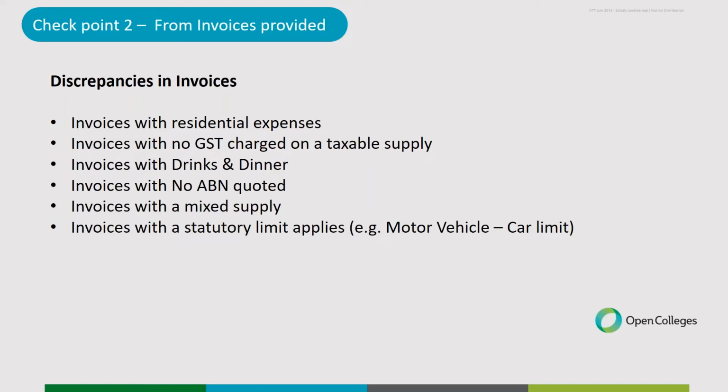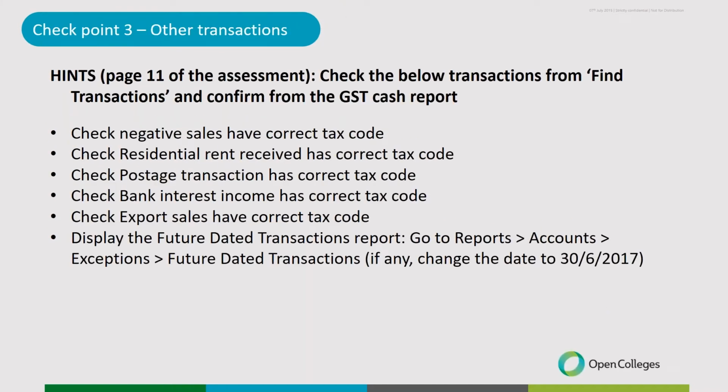So let me quickly go through checkpoints 3 and 4, and I will show you how these are done in MYOB. For checkpoint 3, in the assessment they have also given you hints, on page 11 of your assessment: check the negative sales tax code, the residential rent received tax code, the postage transaction tax code, the bank interest income tax code, the export sales tax code, and whether there are any future dated transactions.